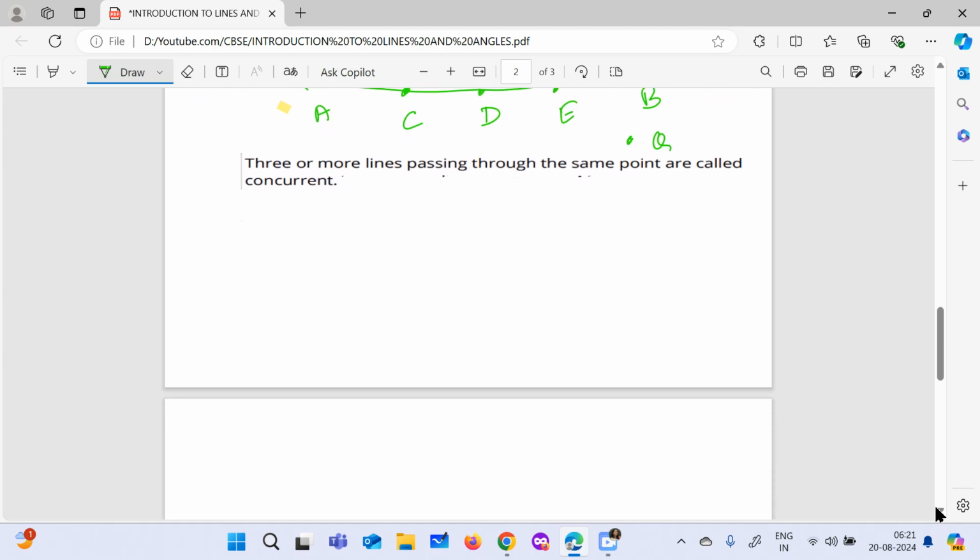Now let's move to the next term. This is another important term: concurrent lines. What do you understand by concurrent lines? Concurrent lines are three or more lines passing through the same point. Suppose I have lines here, here, here, and here. You can see we have many lines.